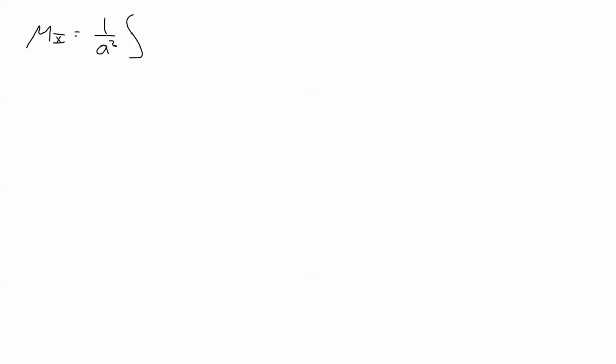The Rayleigh random variable starts at 0. x squared e to the minus x squared over 2a squared dx. Using my tables, I get a mess, which will simplify.